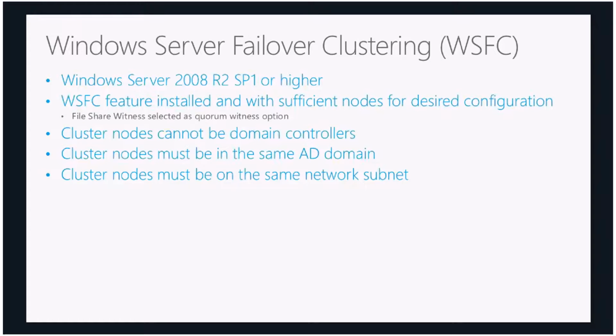We support only one primary node and up to 2 secondary replicas. So 3 is going to be the maximum number of nodes that you're going to have in an Always On availability group, no matter what your scenario is. You'll have the file share witness selected as your quorum witness option, and we'll see how to do that as we work through the slides.